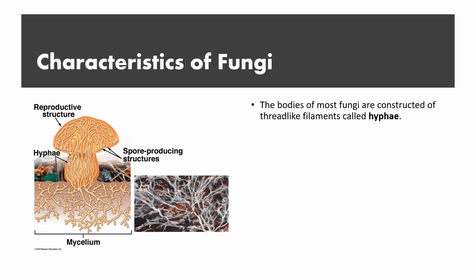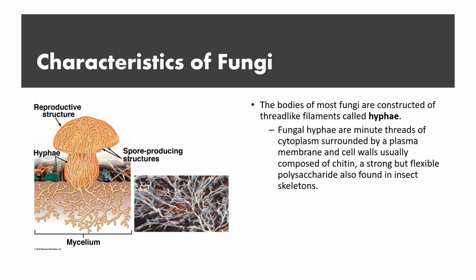Now, the actual structure of a fungus depends on what type we're talking about, but most of them are made out of thread-like filaments called hyphae. The fungal hyphae are threads of cytoplasm surrounded by a plasma membrane and a cell wall. But the cell wall is not like what we find in plants; it's actually made out of chitin, which is the same polysaccharide that's found in insect skeletons.